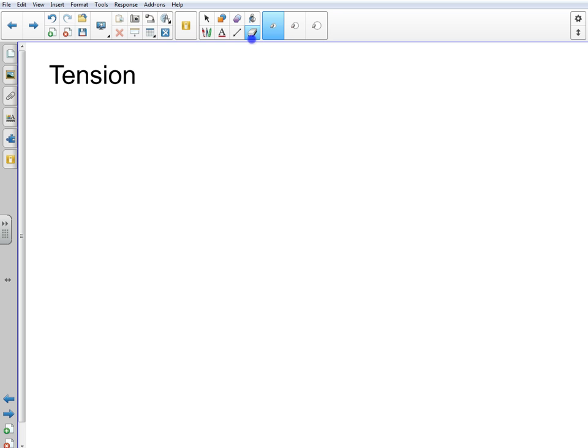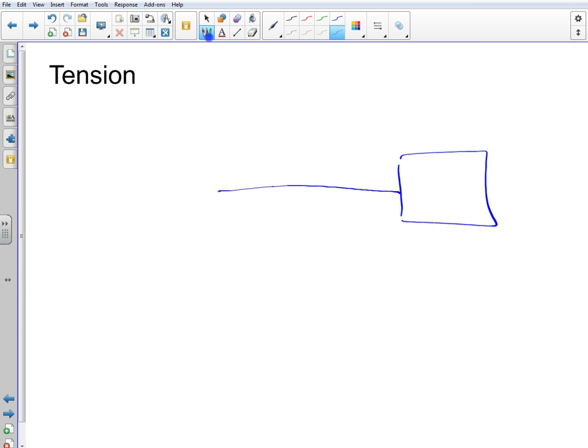First of all, Newton's third law says if you have some object that you are pulling on with some force, if you're pulling on it via a rope, this is more of a picture than a free body diagram, or a string or a cable or something like that, that force is called a tension force.